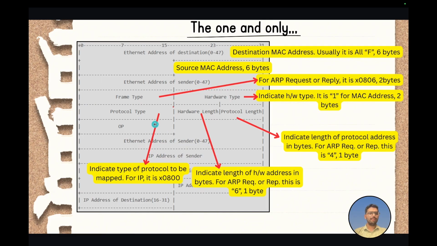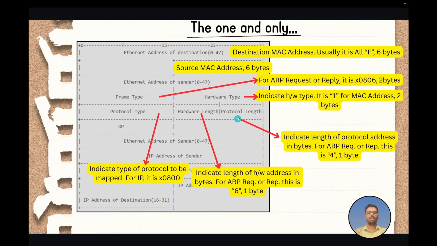Protocol type indicates what type of protocol we are using. For mapping IP address to MAC address, it is 0800, a hexadecimal value. Hardware length indicates the length of the hardware address in bytes. For ARP request or reply, this is set to 6, and the length of the field is 1 byte.